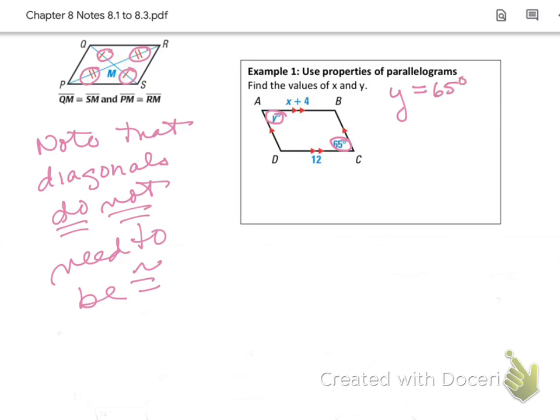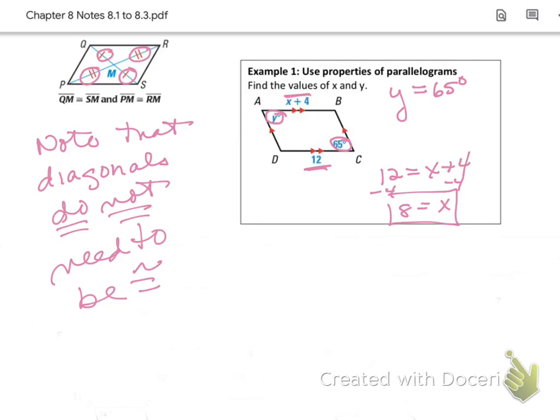Okay, DC right here is 12, and AB is right here. If that's a parallelogram, and I know it is because I see all the parallel sides, then those two sides have to be congruent. So 12 will equal x plus 4. So therefore, x will equal 8. Okay?